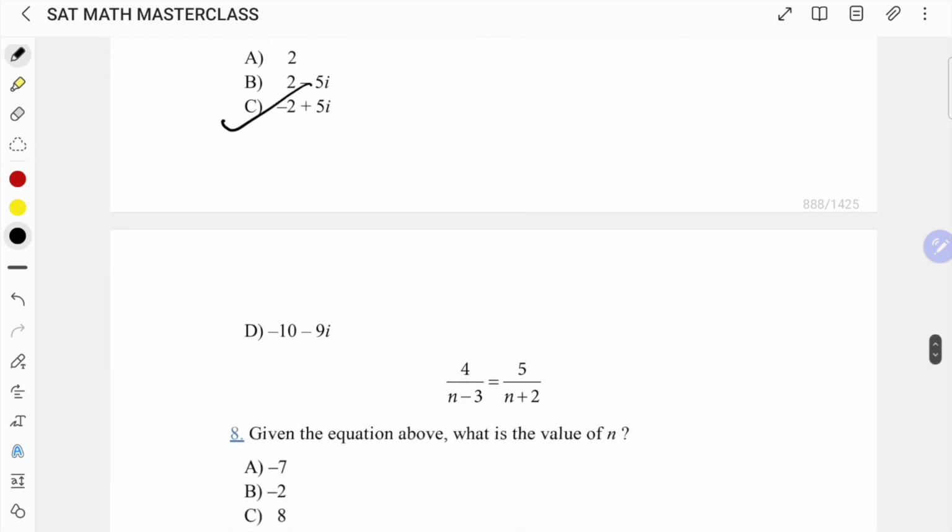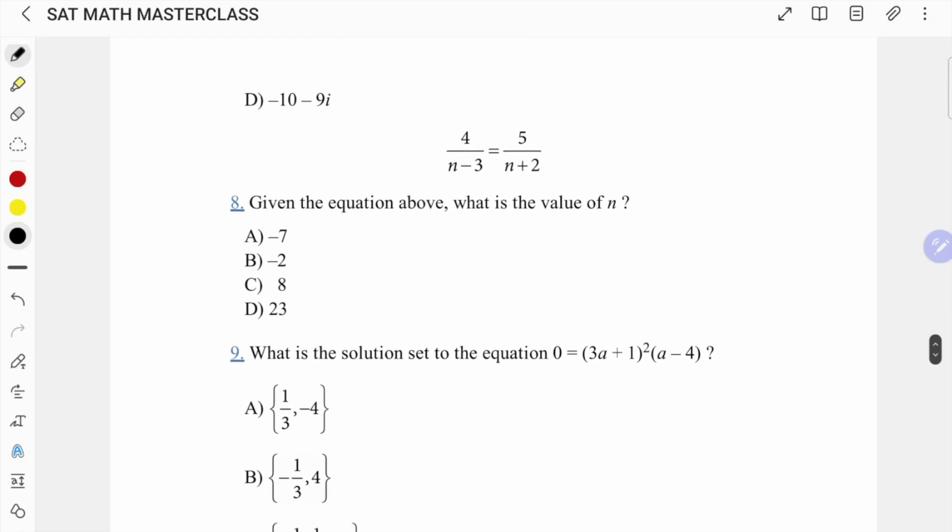Alright, moving on to the 8th question, we have 4 divided by n minus 3 equals 5 divided by n plus 2. Remember, this is the first model, so it will be pretty easy. Once we cross multiply, we get 5 into n minus 3 equals 4 into n plus 2.